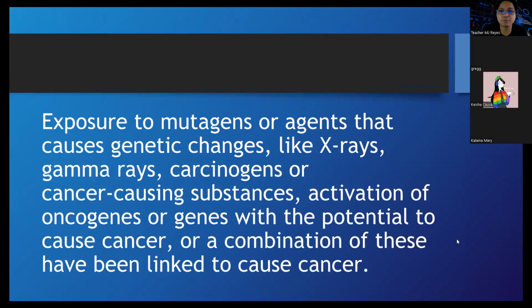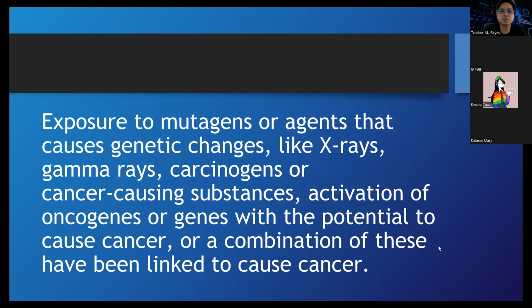By exposing ourselves to radioactive substances, mutagens, or carcinogens like your soft drinks. Your soft drinks are a carcinogen. What else? Your preserved goods are actually one of the carcinogens. It is an activator for oncogenes, or genes with the potential to cause cancer, or a combination of these have been linked to cause cancer.